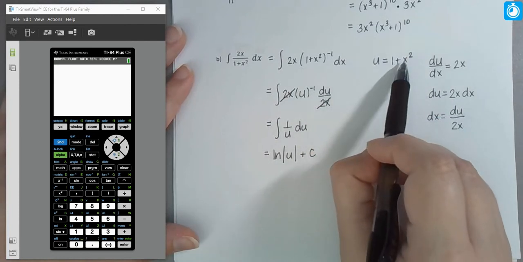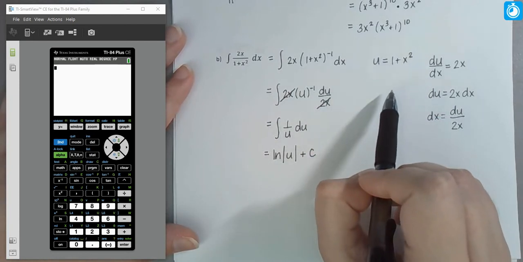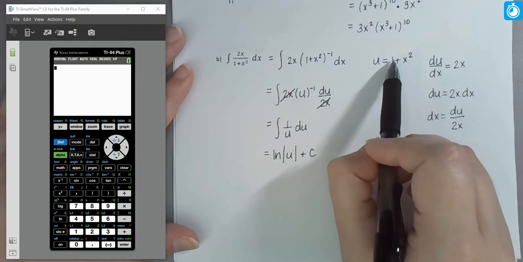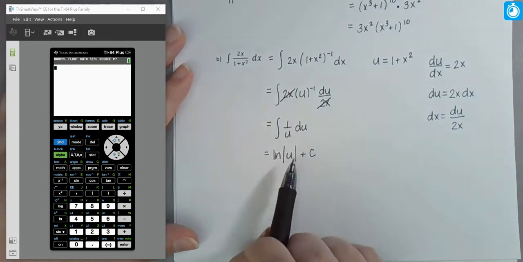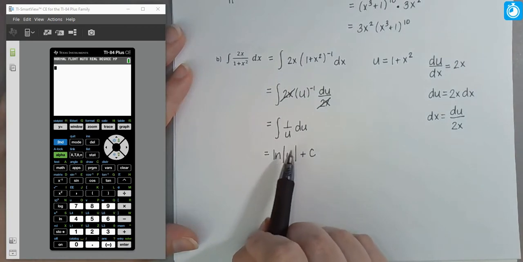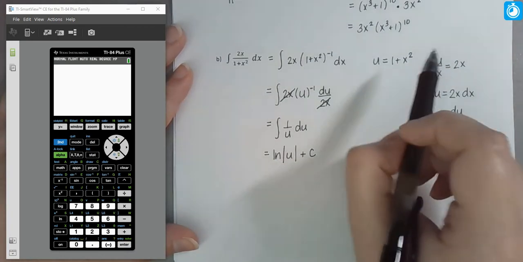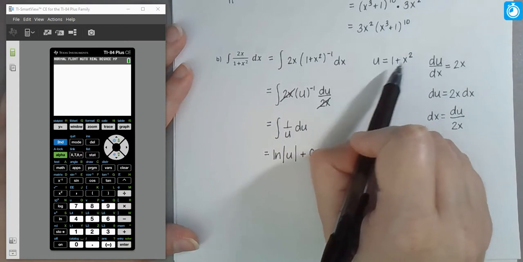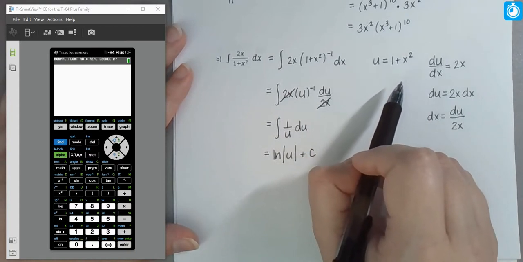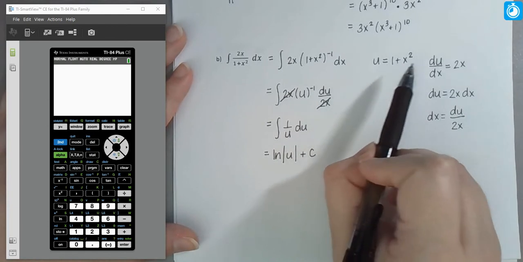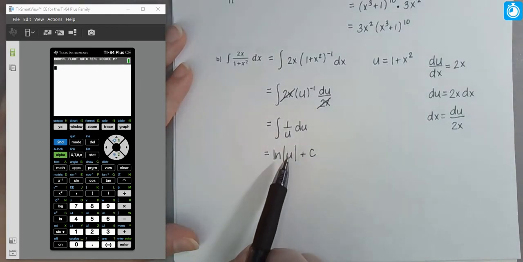Even if we plugged in 0, 0 squared would be 0, and then we'd add on 1, and it would be a positive number. So as it turns out, based on what we're substituting into the natural log function, 1 plus x squared will always be positive. We never run the risk of what's inside of this natural log function becoming negative.